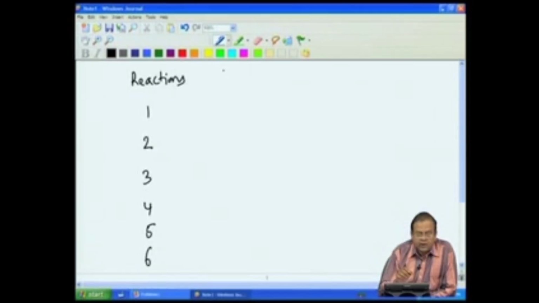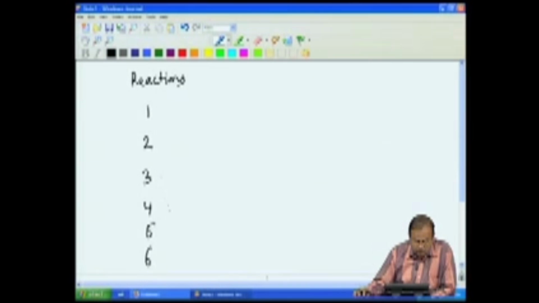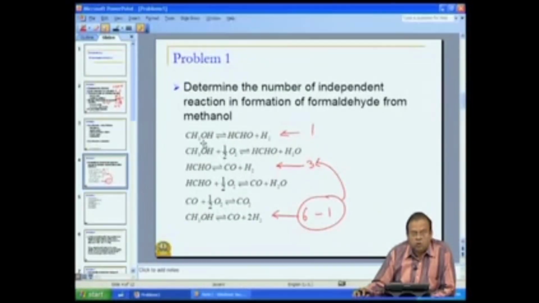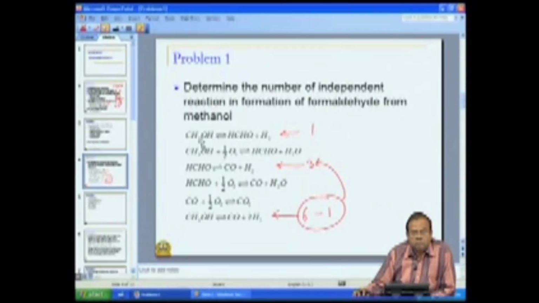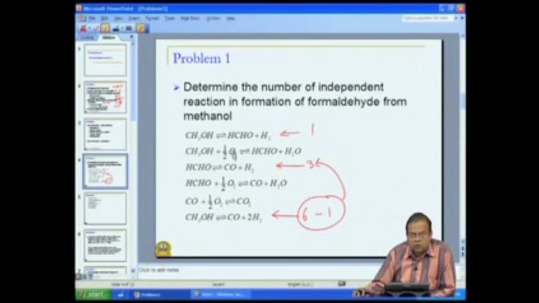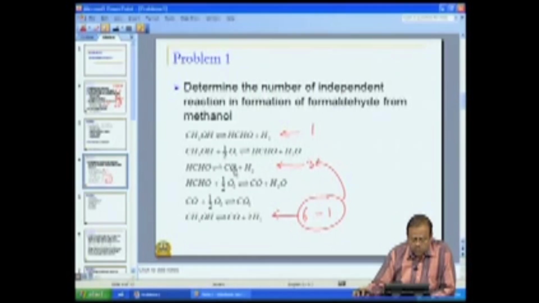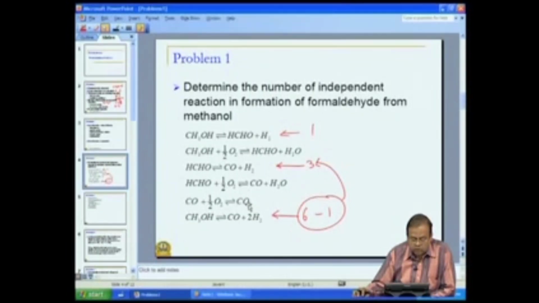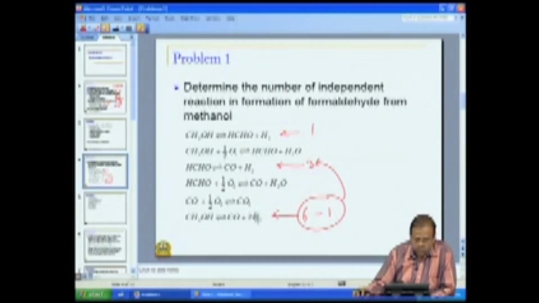and let us start writing the species that are involved in this reaction. So, what are the species that are involved? We can see here it is methanol, formaldehyde, hydrogen, oxygen, water, carbon monoxide, carbon dioxide are the species.